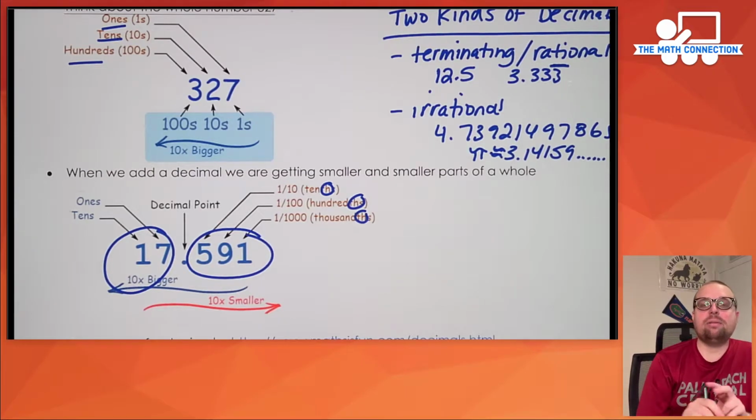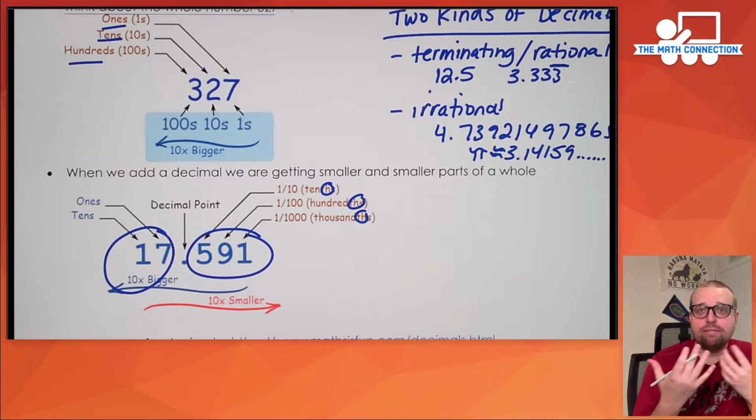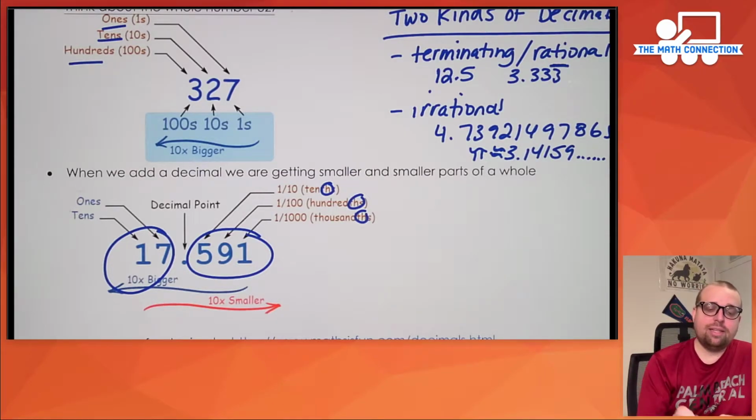So that's going to be your context clue, the thing you have to look for, especially in problems that are asking you to round to a certain value. You're going to want to make sure that you can identify what place value they're asking you to round that number to. So in this example, the 5 is in the tenths place, the 9 is in the hundredths place, and the 1 is in the thousandths place.